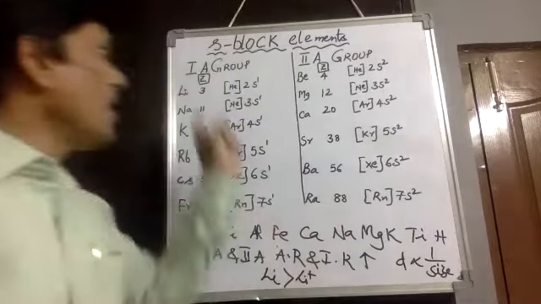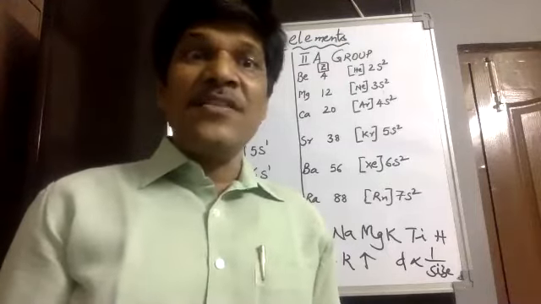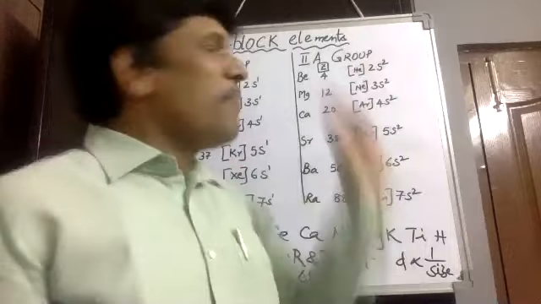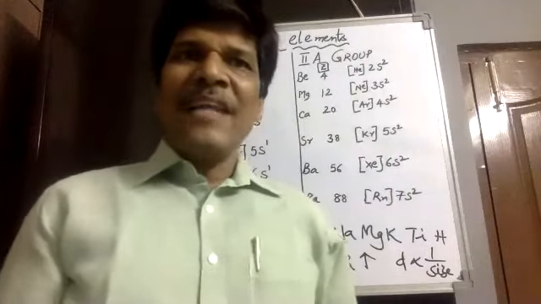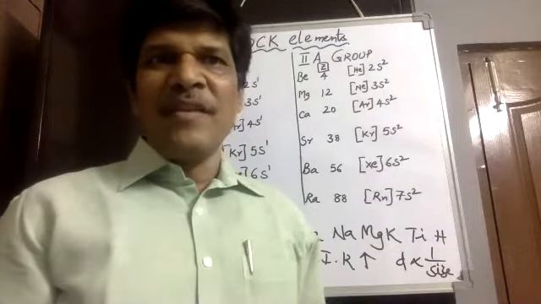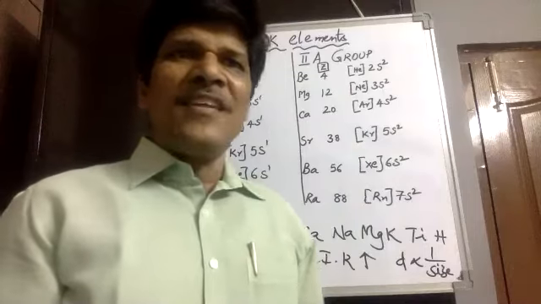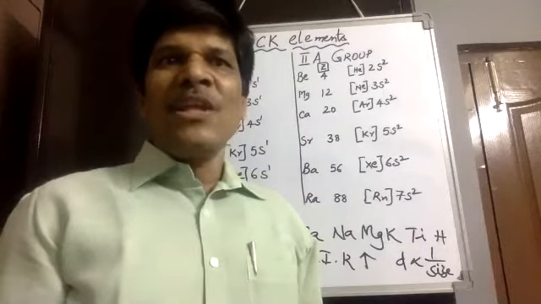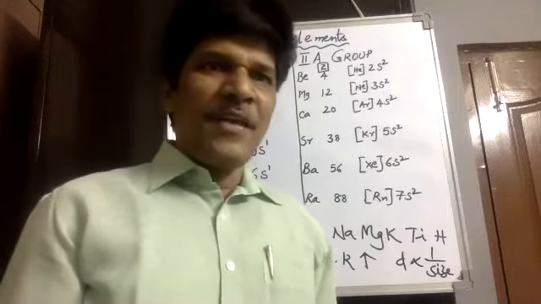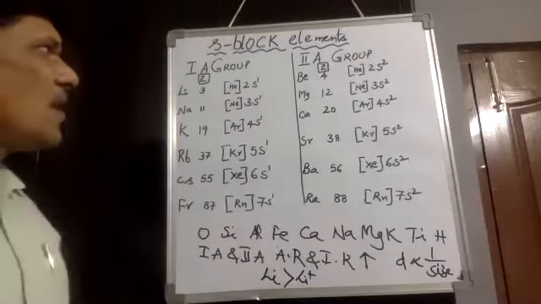Lithium ion Li+ has the highest hydration energy in 1A group elements. Beryllium ion also has the highest hydration energy in 2A group elements. Beryllium hydration energy is more than lithium ion due to increase in charge or decrease in size of the beryllium ion.